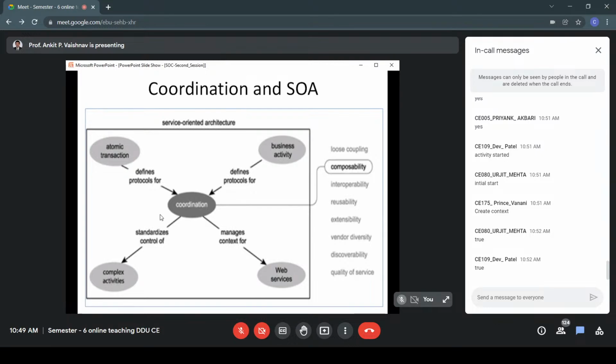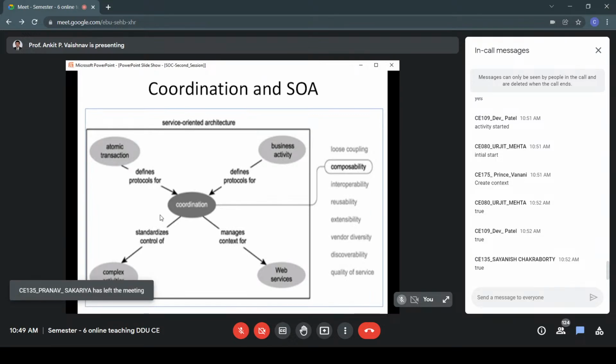The reason is coordination provides us management of multiple services. You can work on a complex activity in a proper way if you have a coordination framework. So coordination helps you to achieve the composability principle. This is again a true statement.